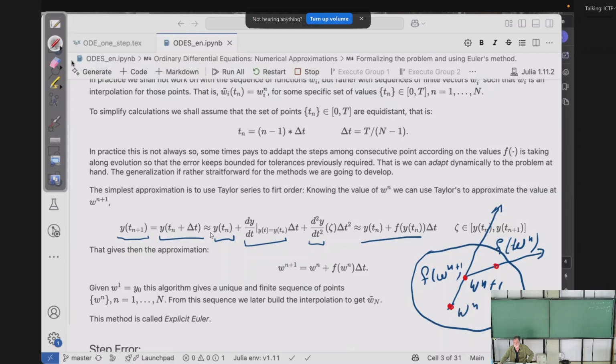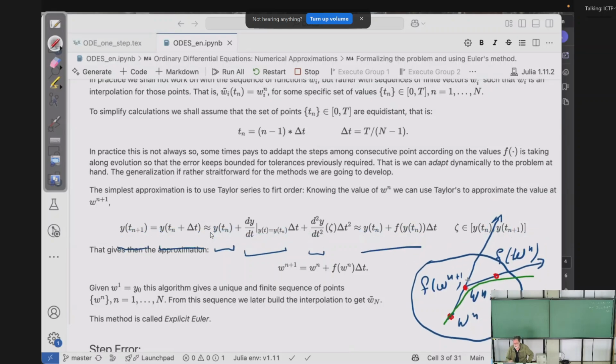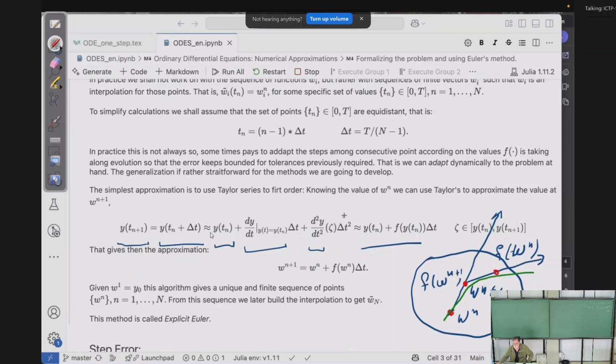So suppose the true solution does something like this. We are approximating it like that. So we're making some errors. But the errors, because of Taylor's formula, we know the errors go to 0 like delta t squared in every step.